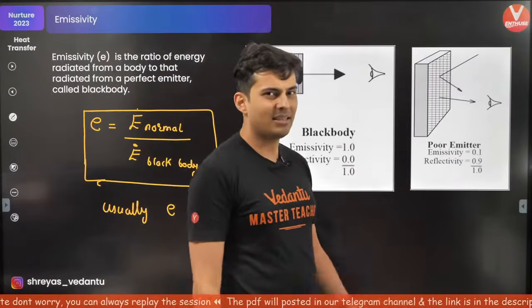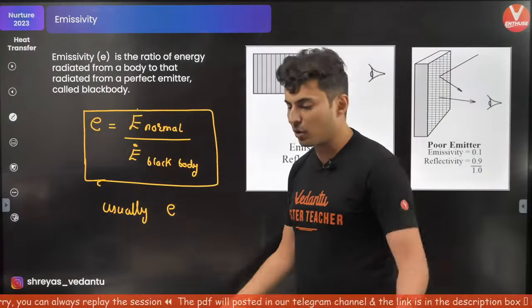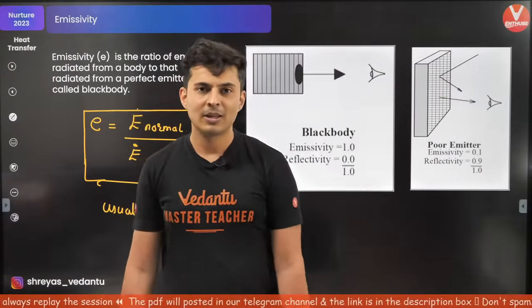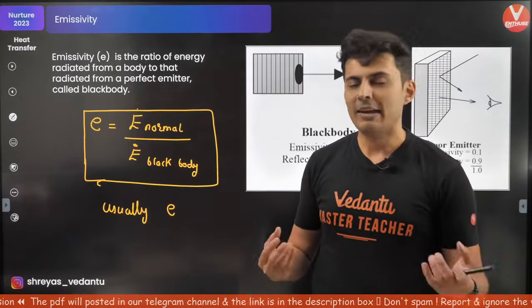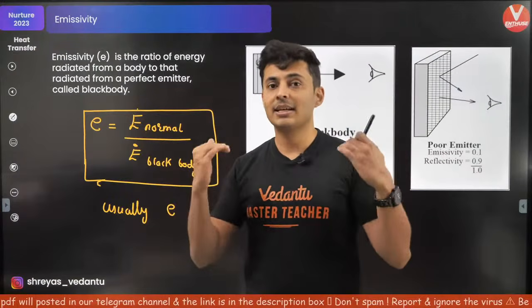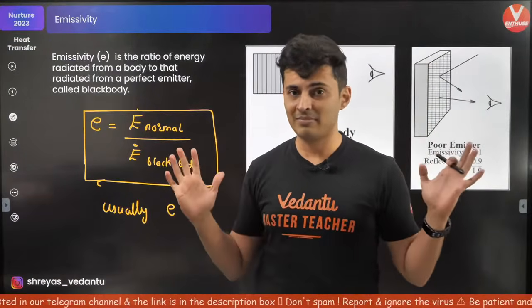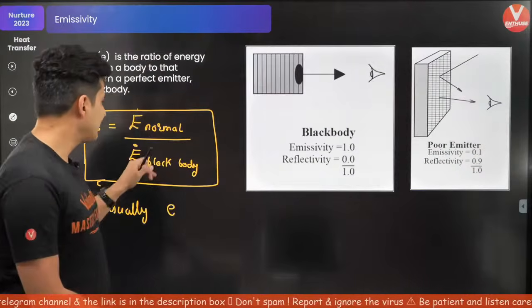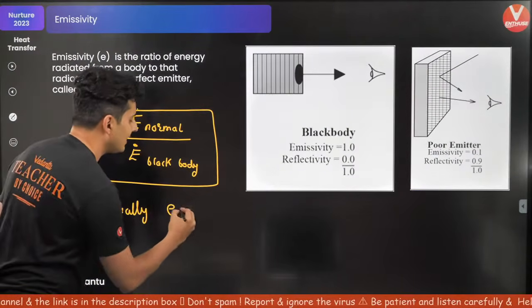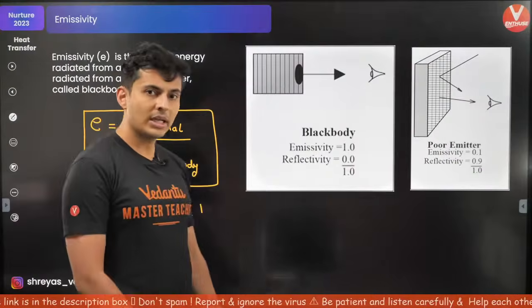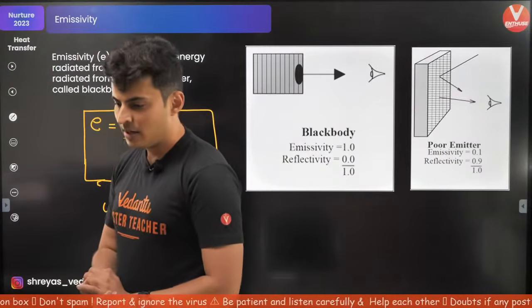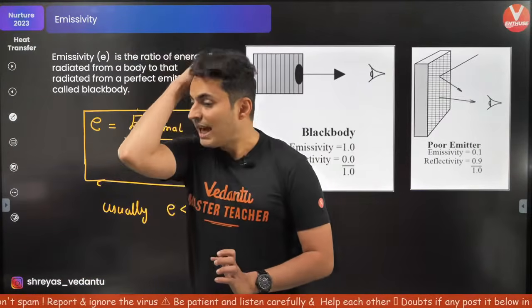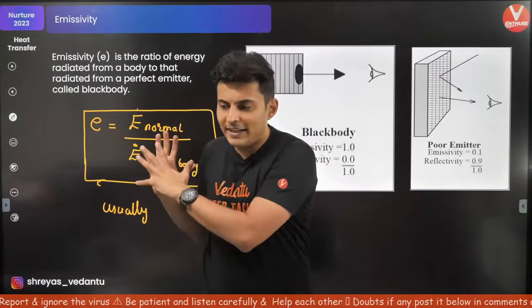For steel, plastic, cement, brick, road, humans, cloth, anything, what do you think will be the value of E? Usually, everything emits less than the black body at the same temperature. So the value of E will be less than 1 because the numerator will be less than the denominator. Okay, normally E is less than 1. I hope this is clear. Perfecto. Carbon black is very close to an ideal black body.